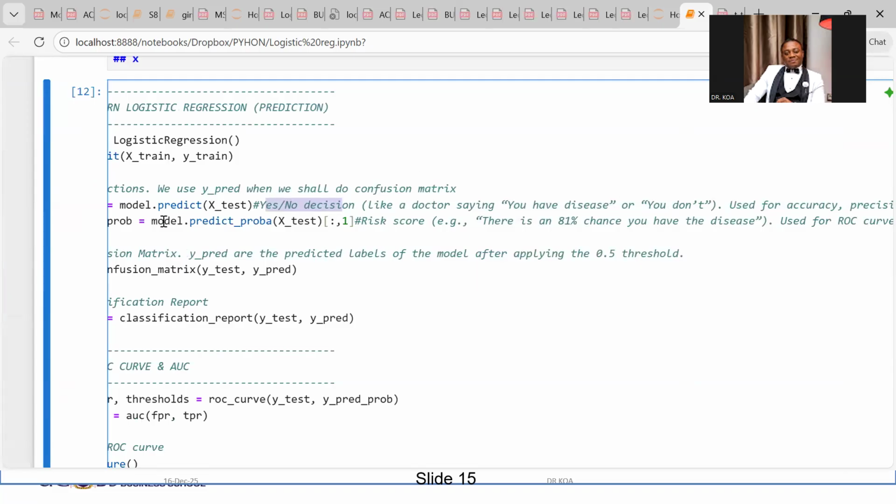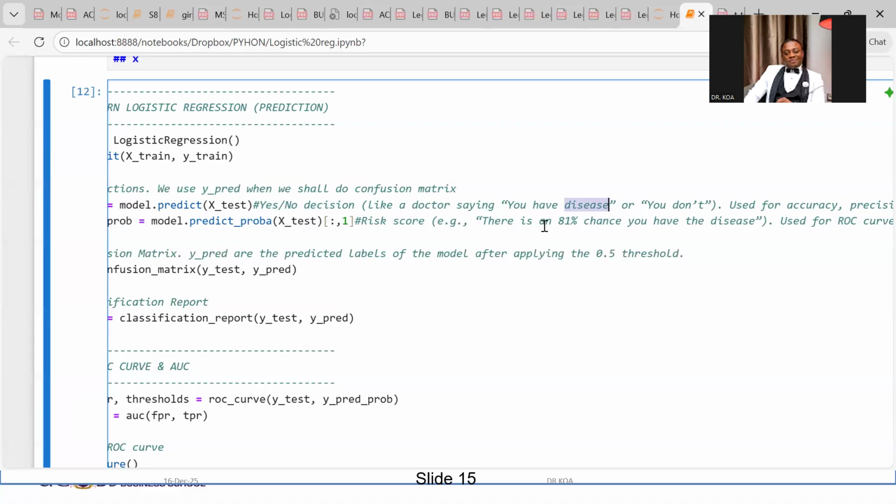But why not go for the probability from the model? This one gives you a risk score. The doctor told you that you have a disease, but this one is telling you that there is an 81% chance of you having the disease. So it's not just that you have a disease, which is just 1 or 0. This second one tells you the exact figure.